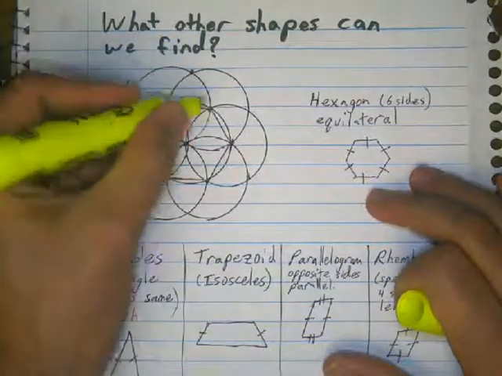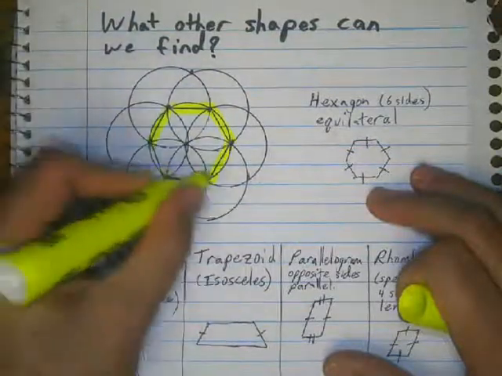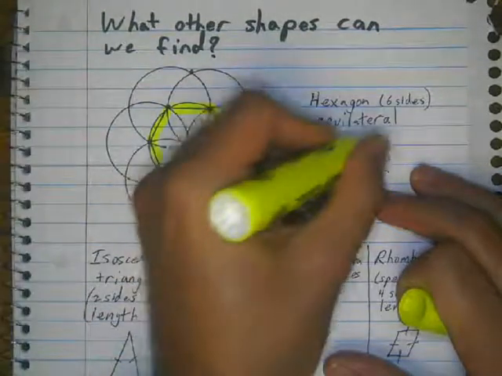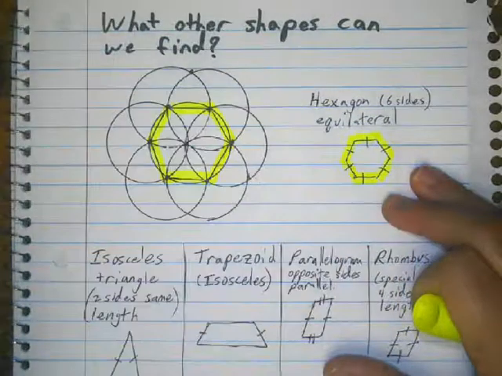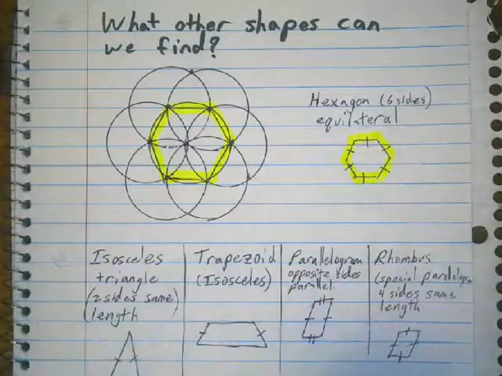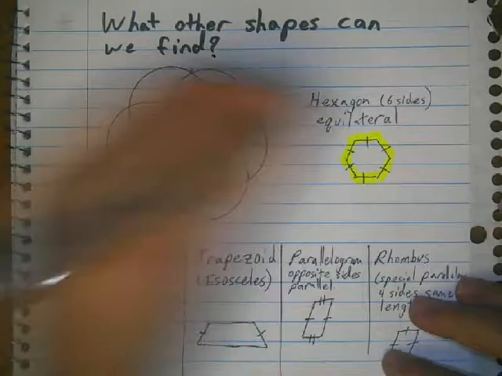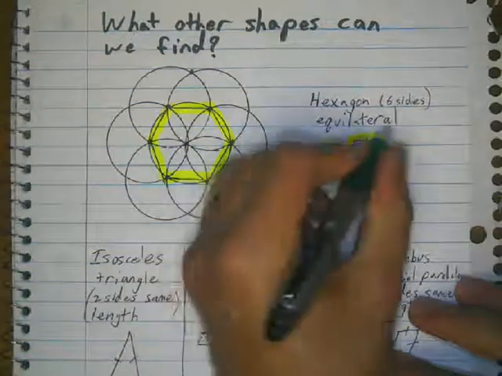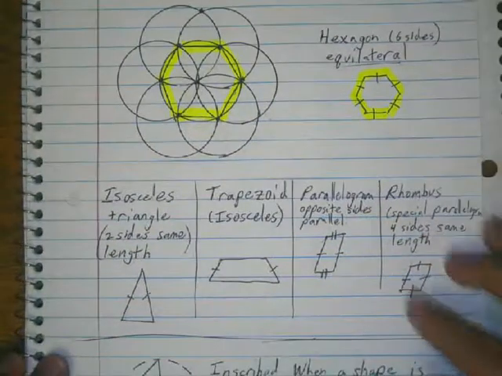A hexagon, by definition, has 6 sides. Okay, so there are 6 sides on this shape, so it is a hexagon. Now, since this is made with a radius, all 6 sides have the same length, so we can call it an equilateral hexagon.